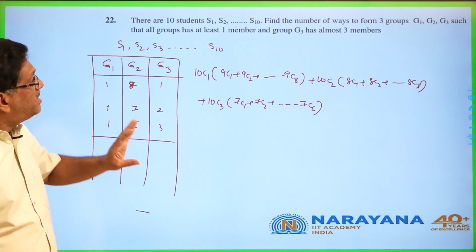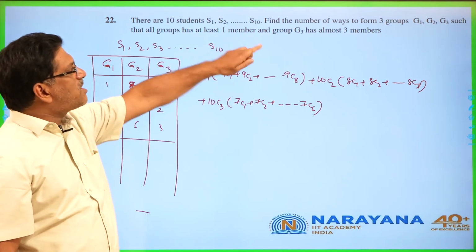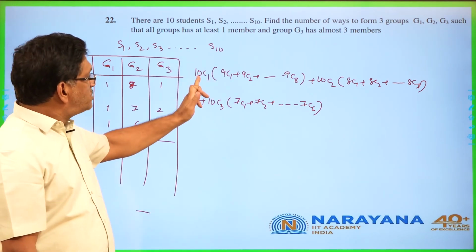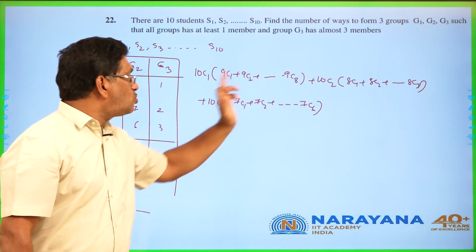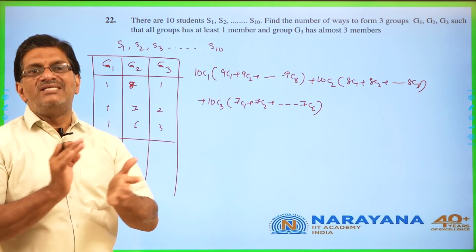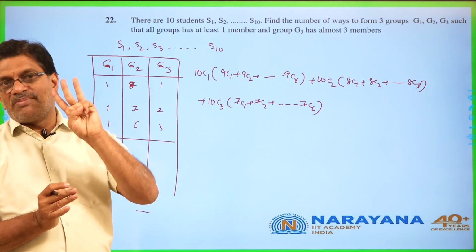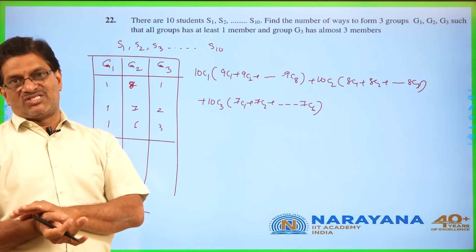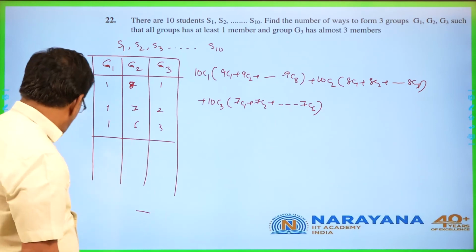It is a simple question, but the problem is mainly that the condition is given on the third group. This 10C1 or 10C2 or 10C3 stands for selecting the persons for the third group first.